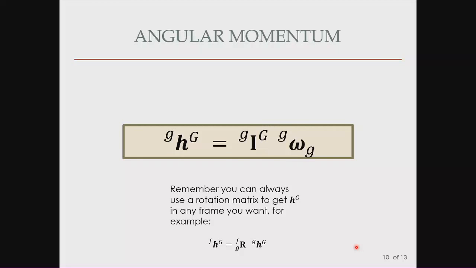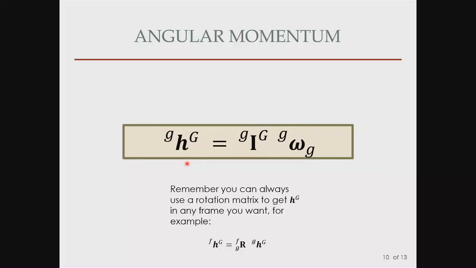And I just wrote here another way to write it. This h is a vector, and I can represent it in any coordinate system I want. I can transition from h in frame g, like at the top, to h in another frame f, by just using a rotation matrix from g to f. This is all allowed.